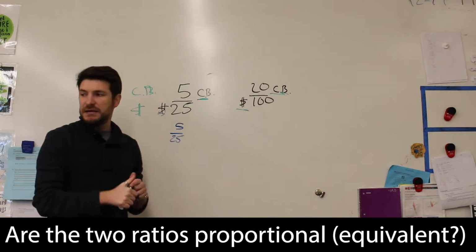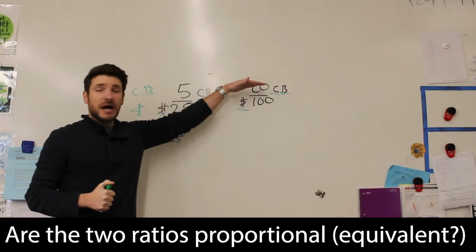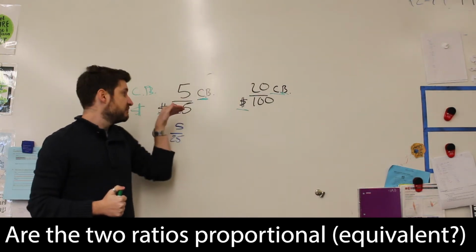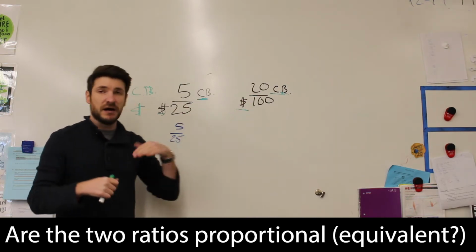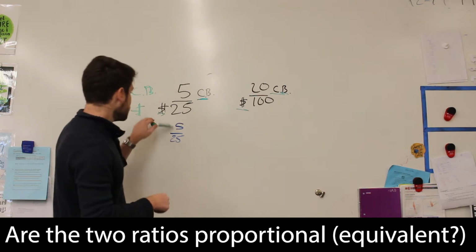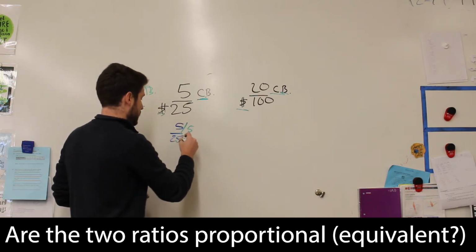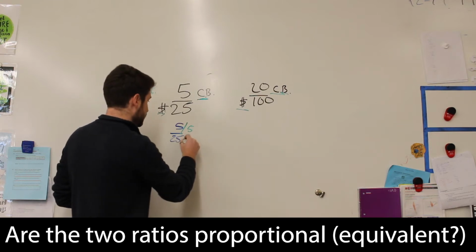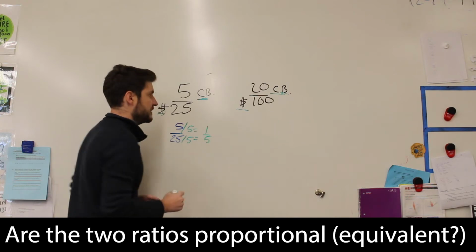You want to keep the same unit on the same line. Both candy bars have to be on top, both monies have to be on bottom. Whatever that same unit is, it needs to be on that same line. So 5 over 25, 5 divided by 5, 25 divided by 5. Because 5 goes into both, you're going to get 1/5.